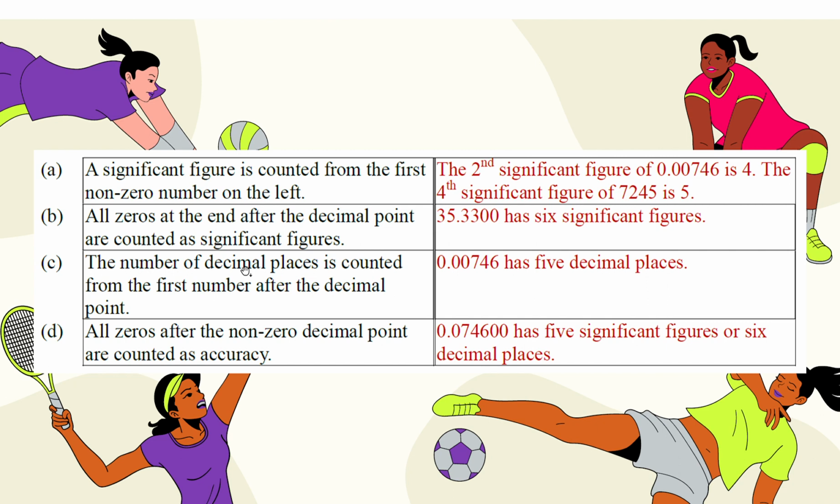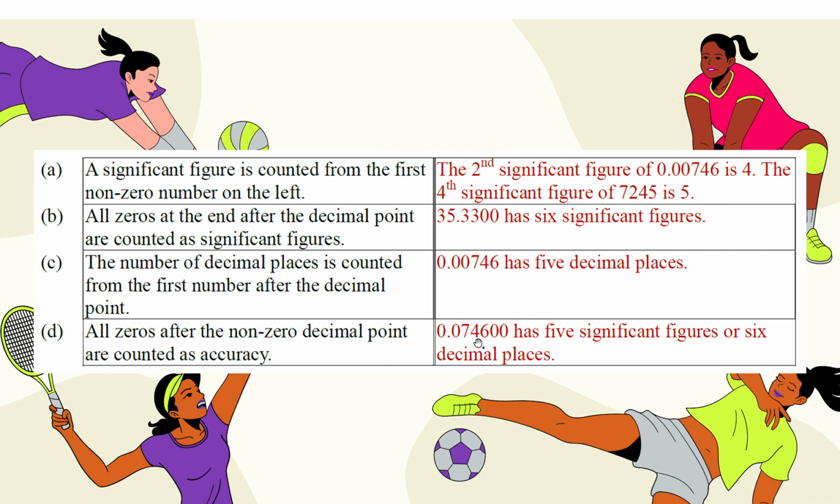But it's different for decimal places. Decimal places count all the digits after the decimal point, whether zero or not. So 0.00746 has 5 decimal places. But for 0.0074600, the zeros before the 7 are not counted as significant because no non-zero number comes before them.